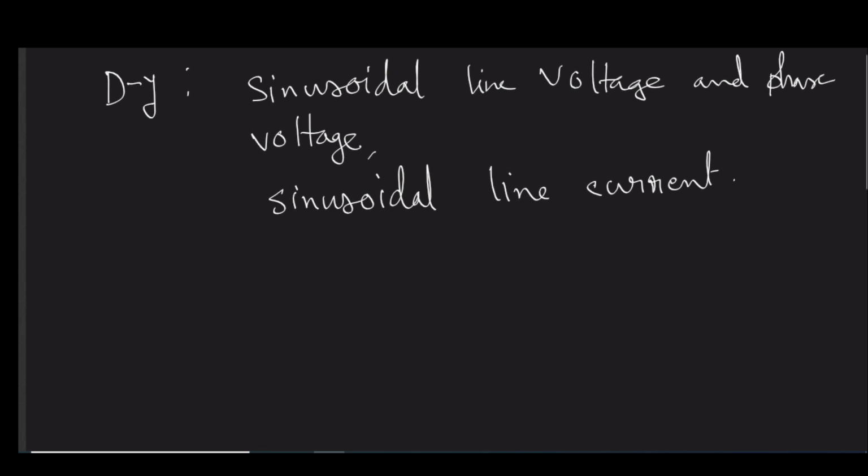But what happened, the funniest thing is that delta provides a closed path for zero sequence current, therefore phase currents are not sinusoidal.